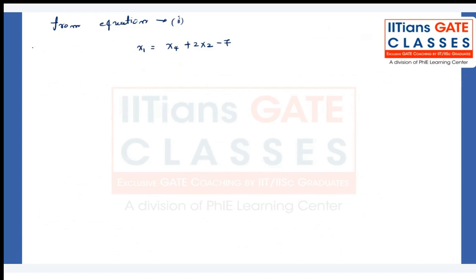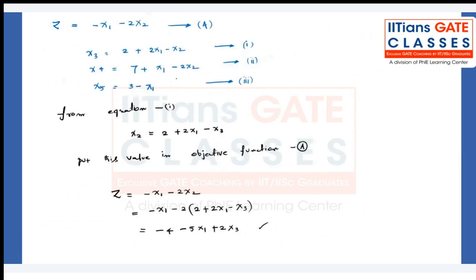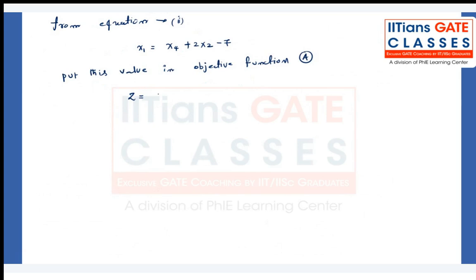Now put this value again in the objective function A. Here, what is my objective function? z is equal to minus x1 minus 2x2.